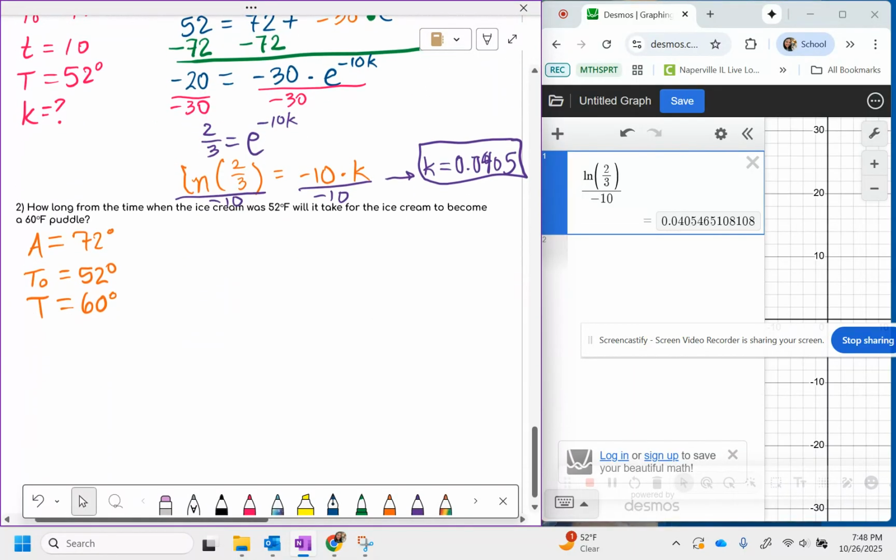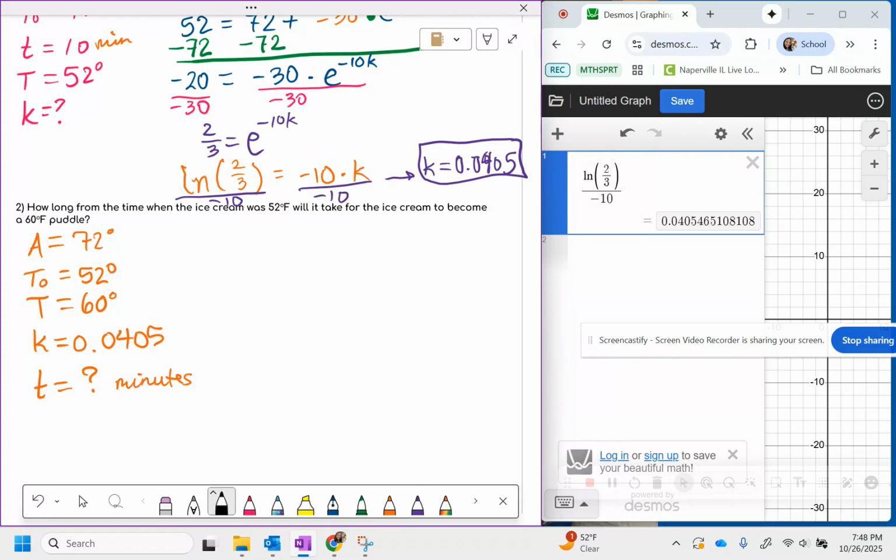The k I know because I just solved for it, 0.0405. And the little t, the time, is the thing that I do not know.